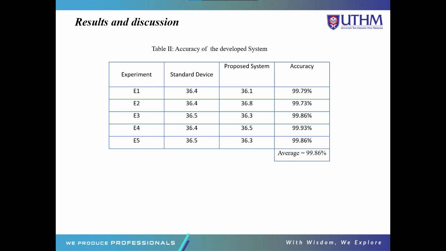For the proposed system, the temperature values were different in the experiments, but almost the same as the temperature values of the standard device. Therefore, the accuracy of the proposed system was roughly the same as the standard device.